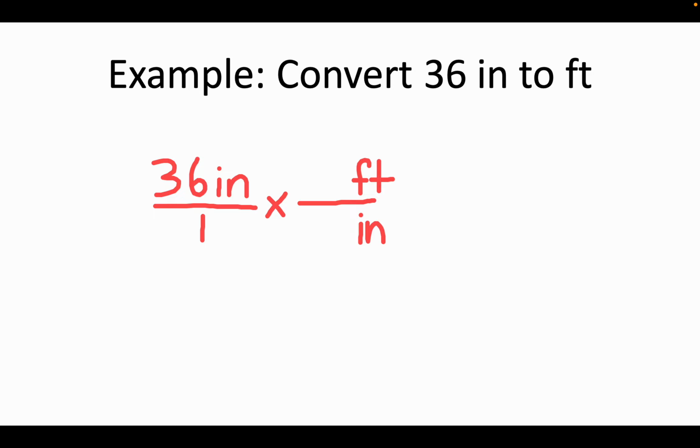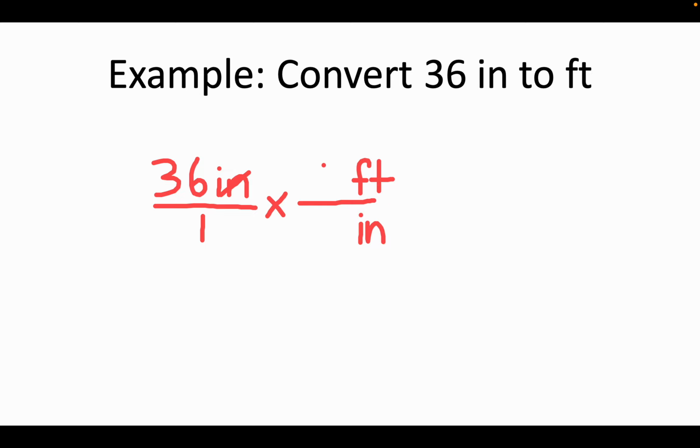Because when we do multiplication, we can cancel units or cancel numbers. If you have the same number in the numerator and the denominator, they cancel each other out. So before I do that, we want to put in our conversion here.